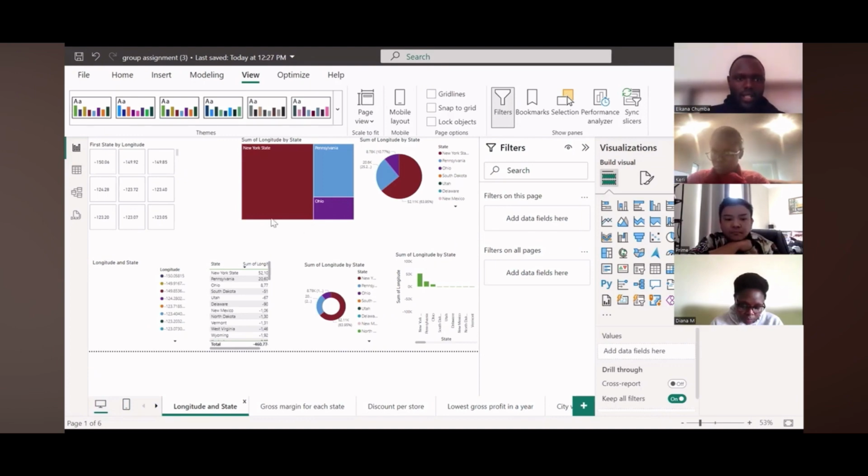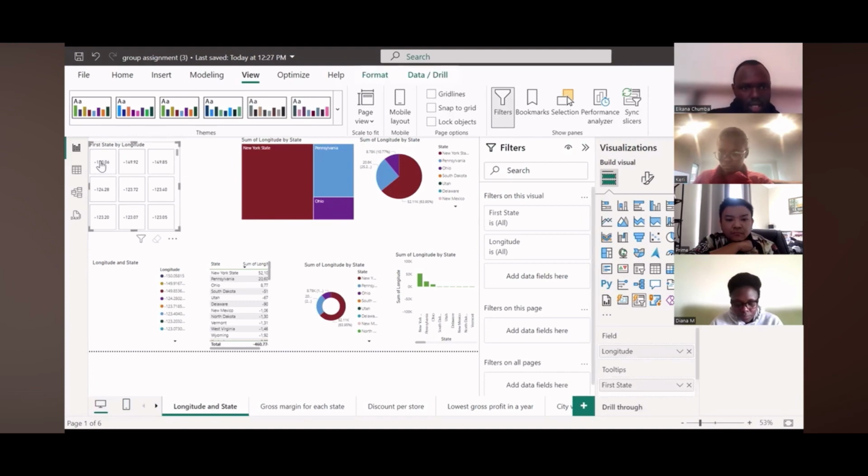So you can see in our data, we have a slicer on the left corner with 7 of the interactive dashboards. From the first state to the last state, when we click on it, we can see the different states with the sum of the longitudes.